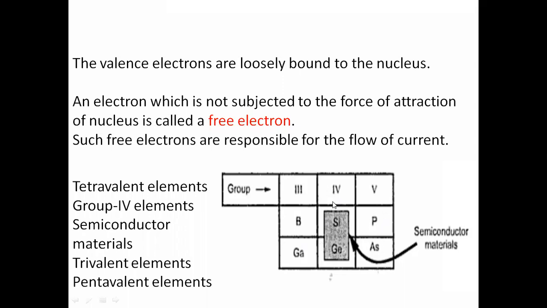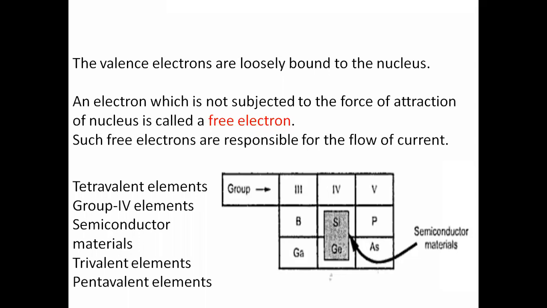So here we are grouping the materials based upon the electrons present in the outer shell of the atom. In silicon and germanium, if you observe, there are 4 electrons present in their valence band.